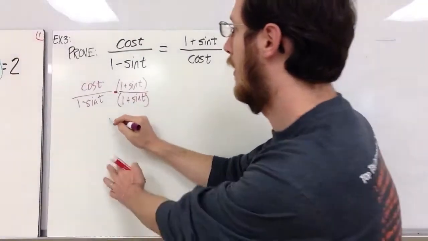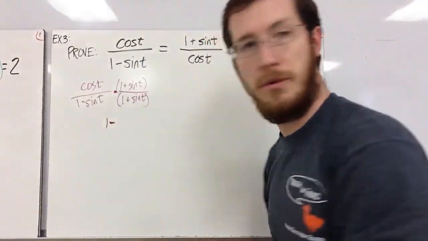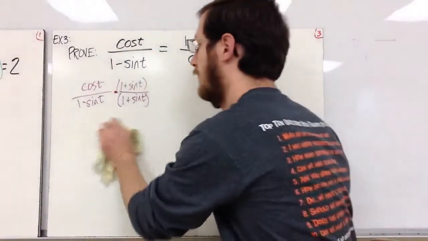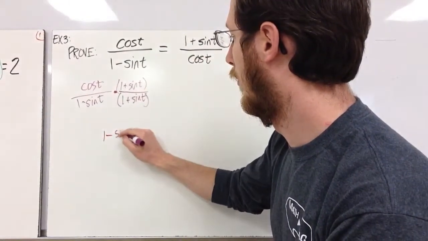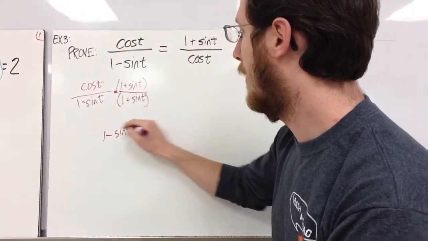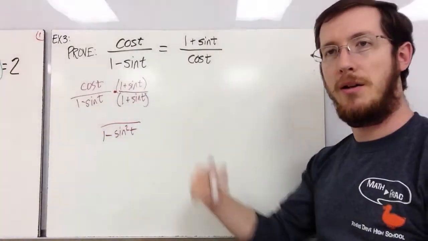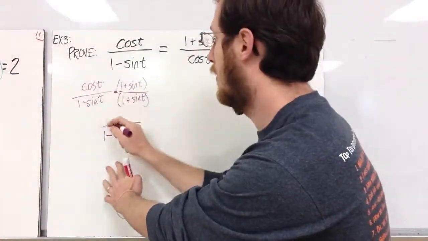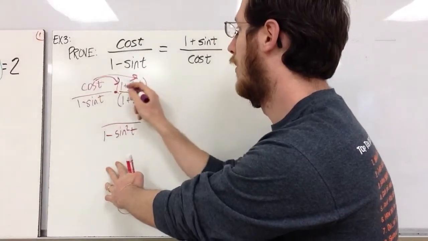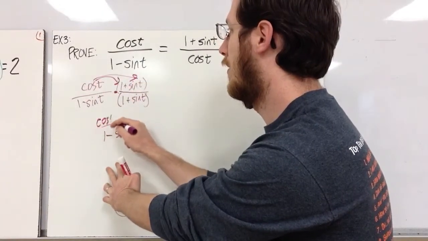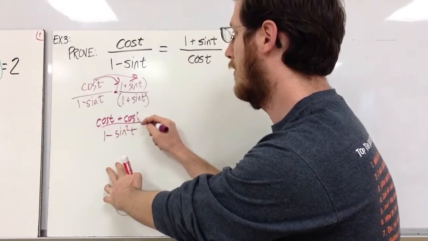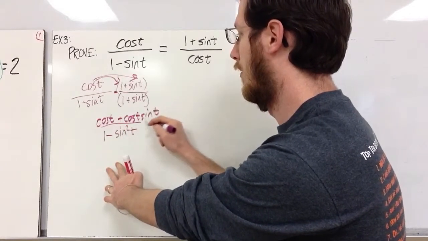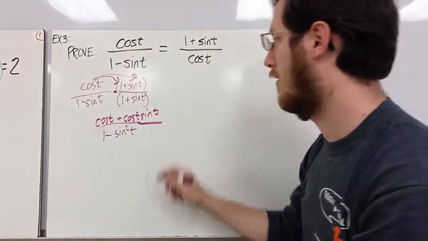So this is going to be 1 minus, let me go down a little bit. One minus sine squared of t on the bottom, and then on the top, if I distribute, we're going to have cosine of t plus cosine of t sine of t. And that is cosine of t, not cost.